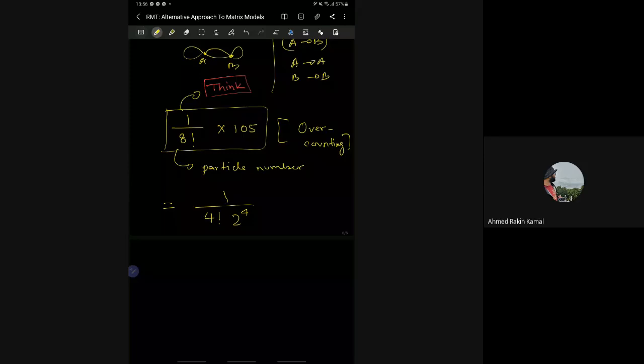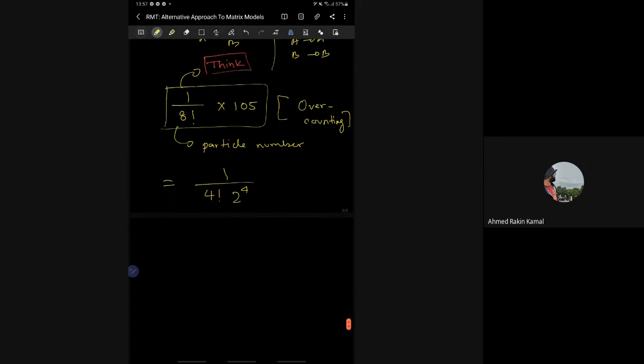You can write it like this, and 2 to the 4. All we did is divide by a number so that we don't have the overcounting problem. That is, we don't want to count graphs that are equivalent. We don't want to count them twice. So we don't want to count configurations that are equivalent. So there is a beautiful interpretation of this number. It's very interesting in quantum field theory.